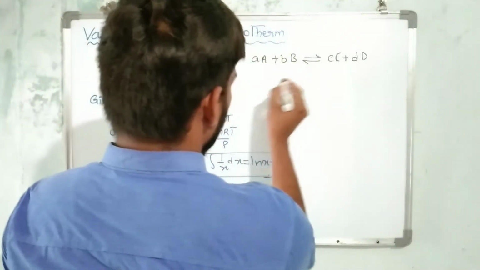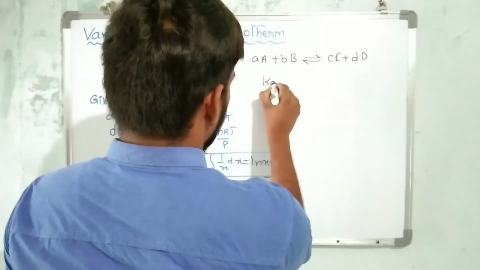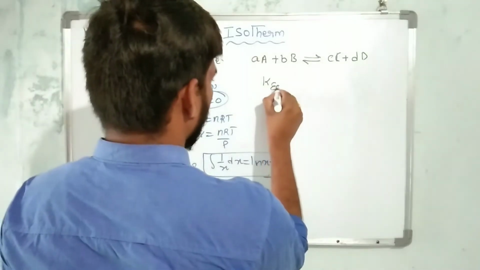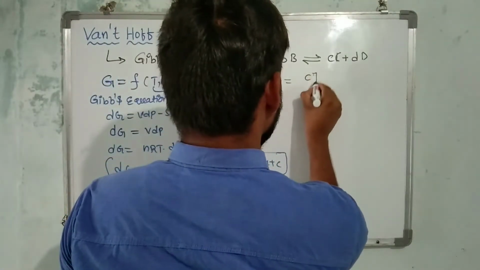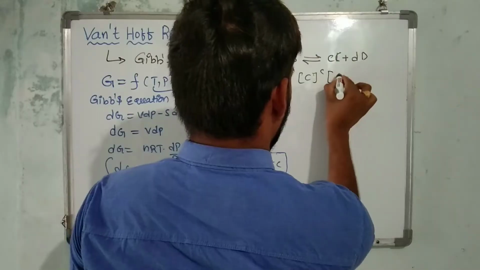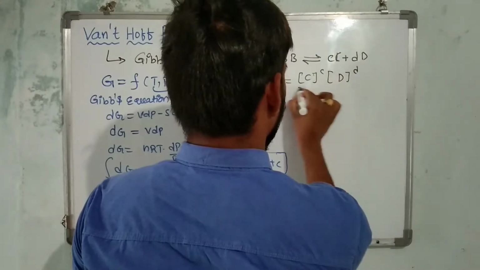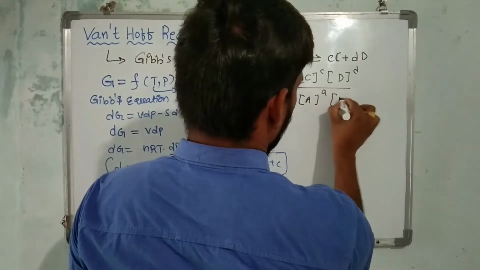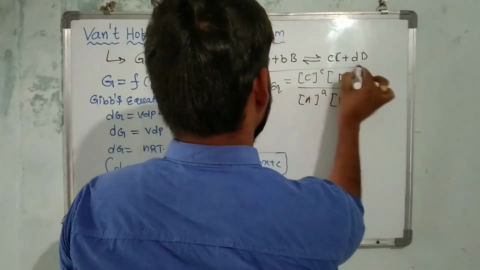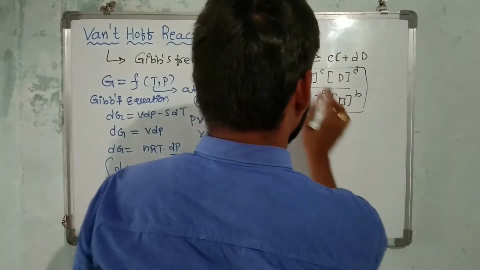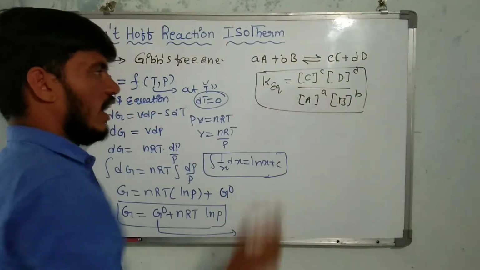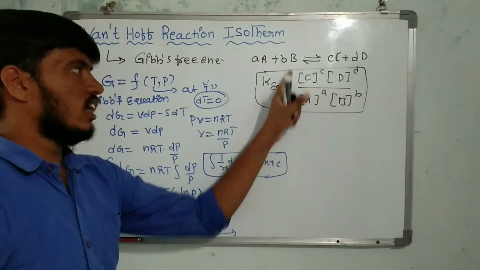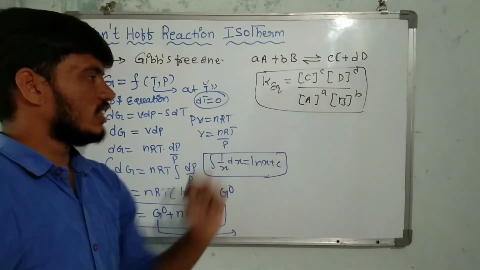The equilibrium constant K is equal to C to the power c and D to the power d, divided by A to the power a and B to the power b. This is products by reactants, according to the chemical equilibrium concept.